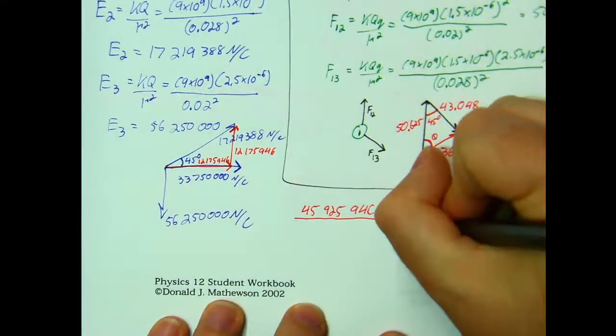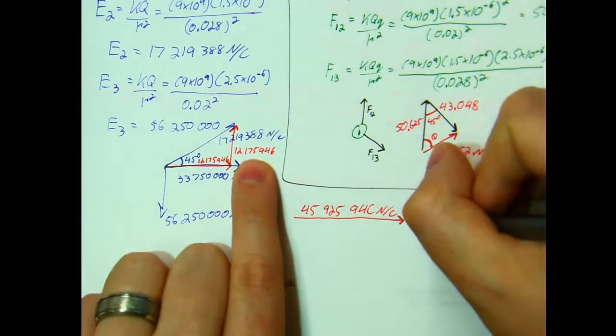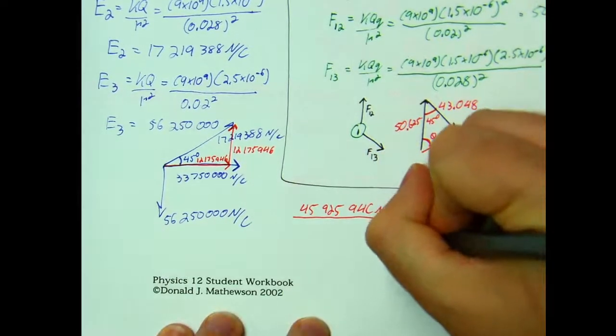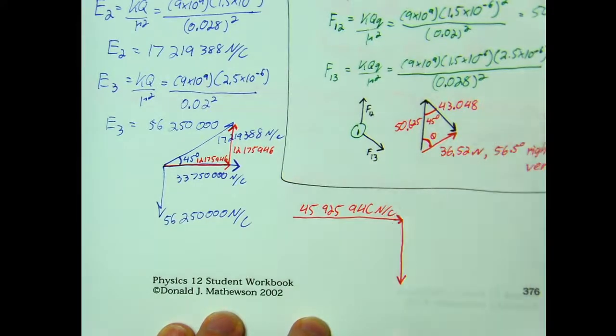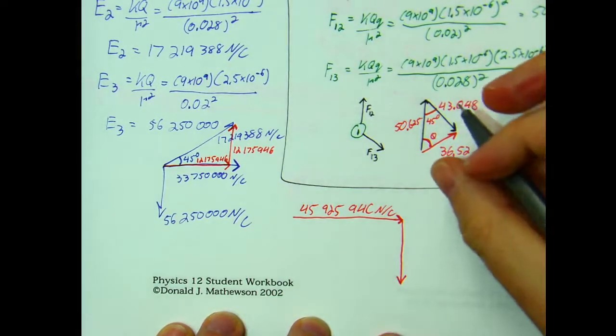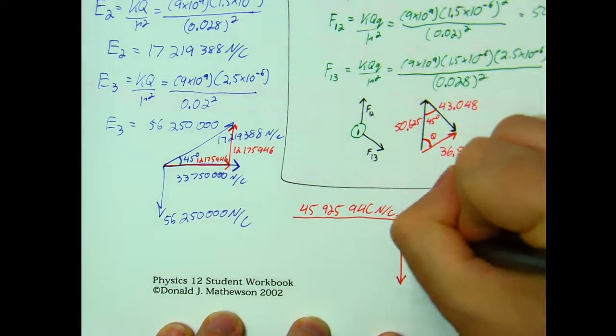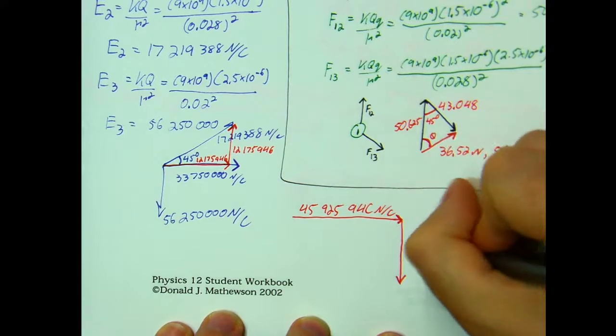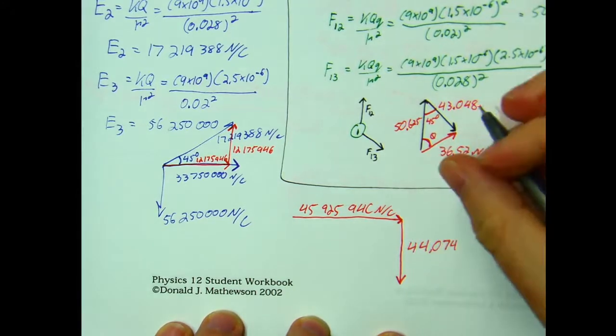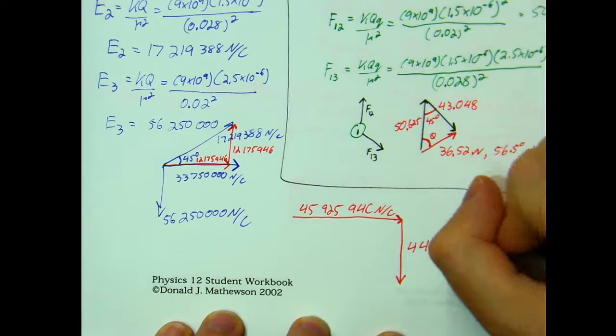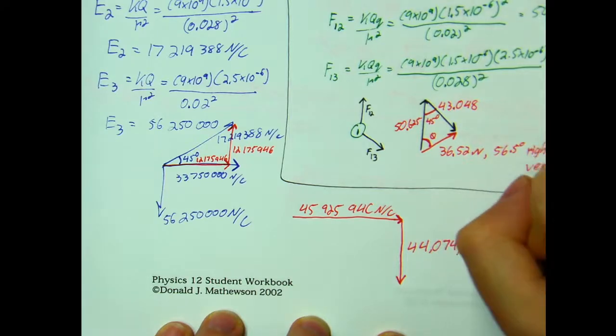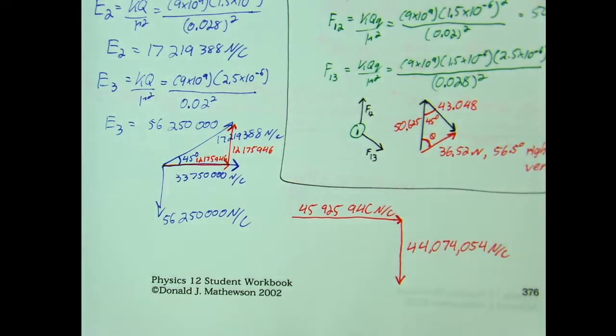So it's still going to be downwards because that's 56 million. Up is only 12 million. So it's still going to be down. And I found that to be 44,074,054 newtons per coulomb.